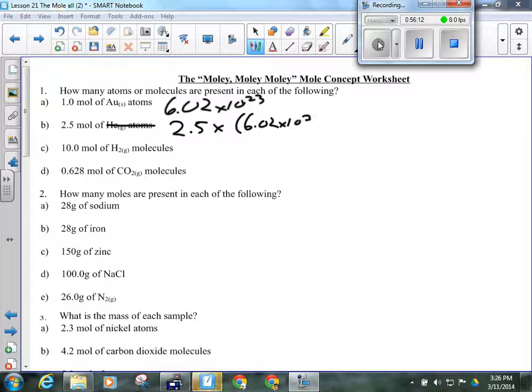It's just like saying, how many are there in 2 dozen or 3 dozen? You multiply by 12. So this I think comes out to 1.505 times 10 to the 24 or something like that. Everybody follow me there? Do you do the same thing for the next two? If you want to find the number of molecules, you multiply number of moles by Avogadro's number, and you can't go wrong.